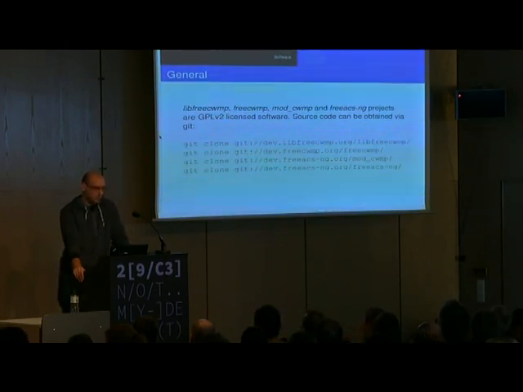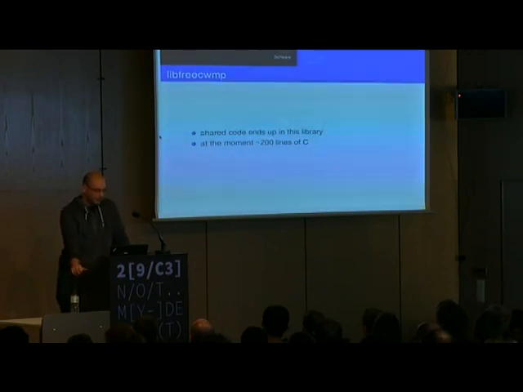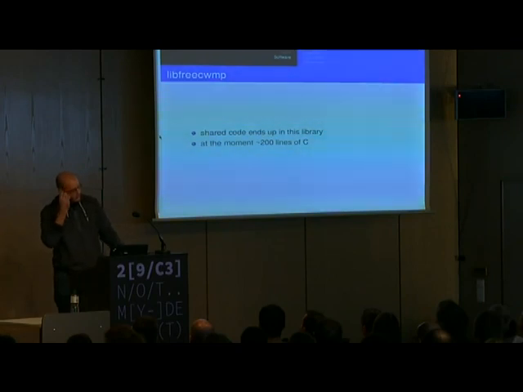All the code is GPL version 2 licensed, and you can get it via Git. You can find more information on the web page. Okay, so libfreecwmp is a library where we put all of the shared code. At the moment it's pretty small, but it will grow.